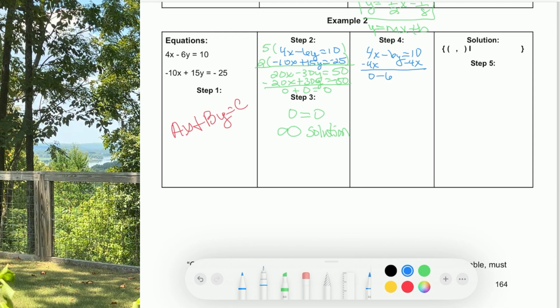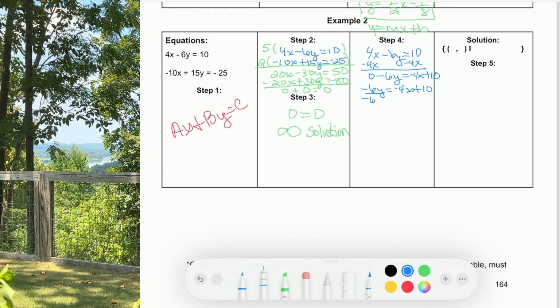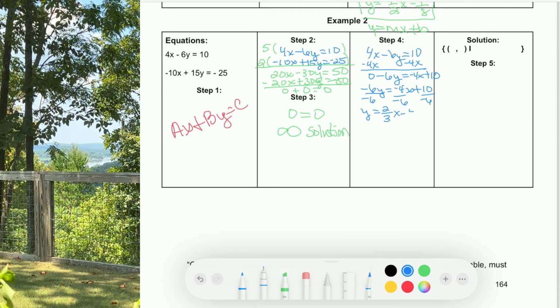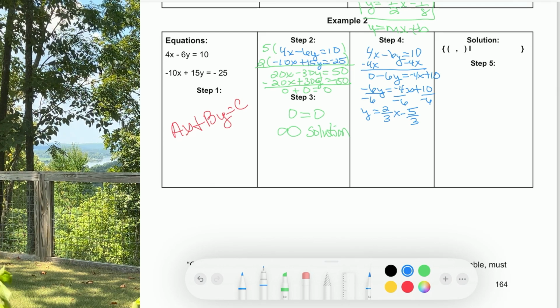I get 0 minus 6y equals -4x plus 10. All right, divide everything by -6. I end up with y equals 2/3 x minus 5/3 when I reduce those fractions.